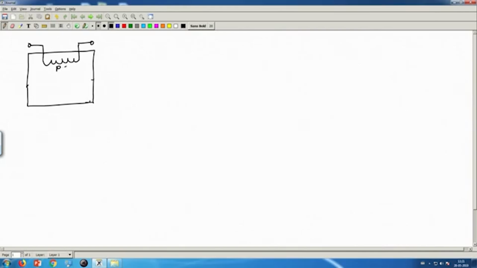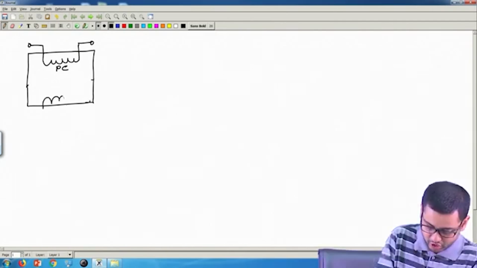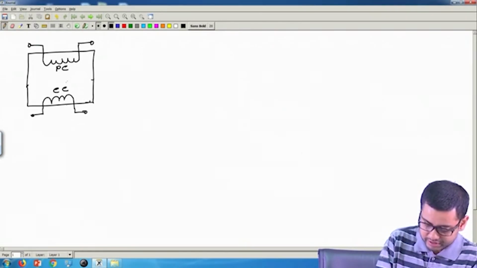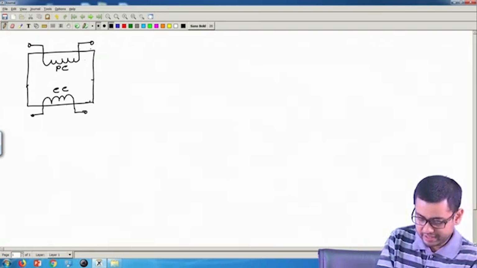We call this the pressure coil, and you have to apply some voltage across it, and there will be another coil which will sense some current I. This we will call the current coil, and this is common for both energy meter and watt meter.